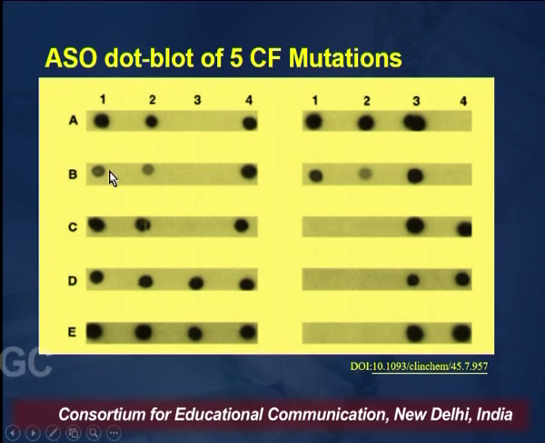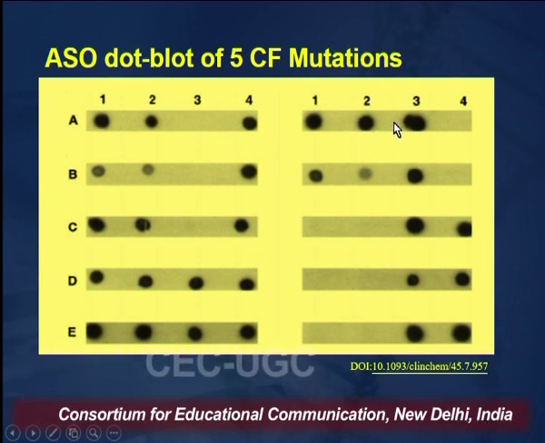So, when a normal and a mutant allele are present, that is a heterozygote individual for this particular mutation. Now, look at number 2. So, 2 is again heterozygous because it is giving a signal in the normal ASO probe as well as in the mutant ASO probe.